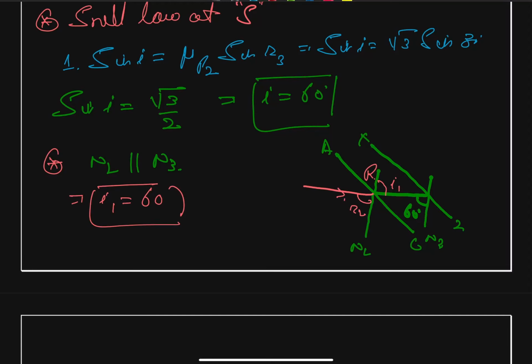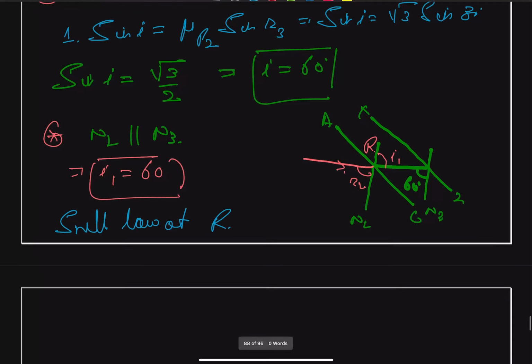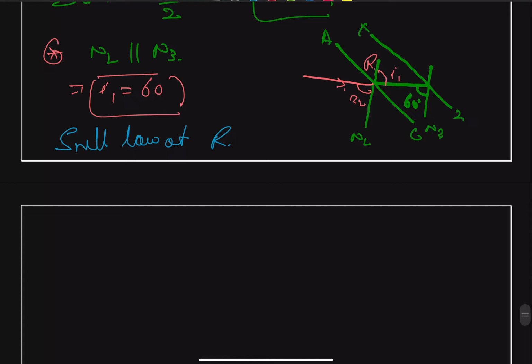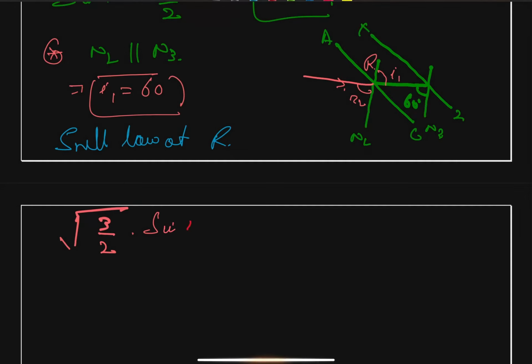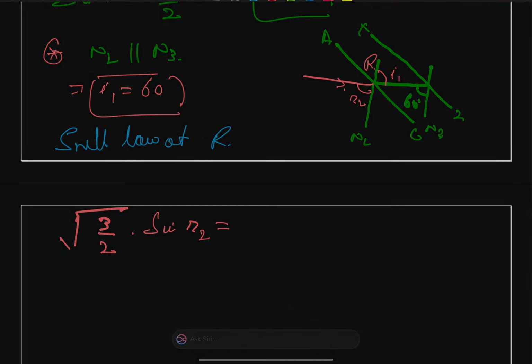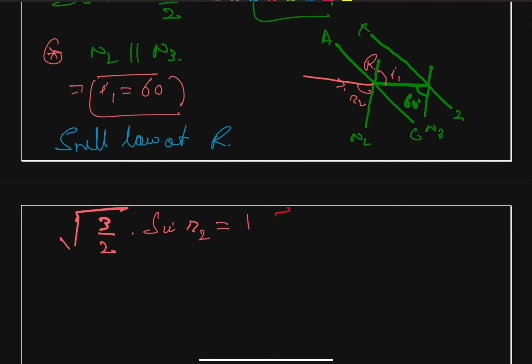So Snell's law at R gives us that our refractive index, square root of 3 divided by 2, sine of R2 is equal to 1 multiplied by sine of I1.